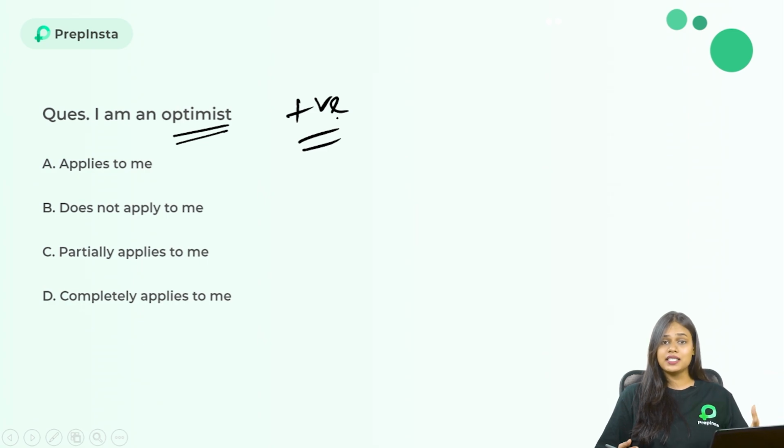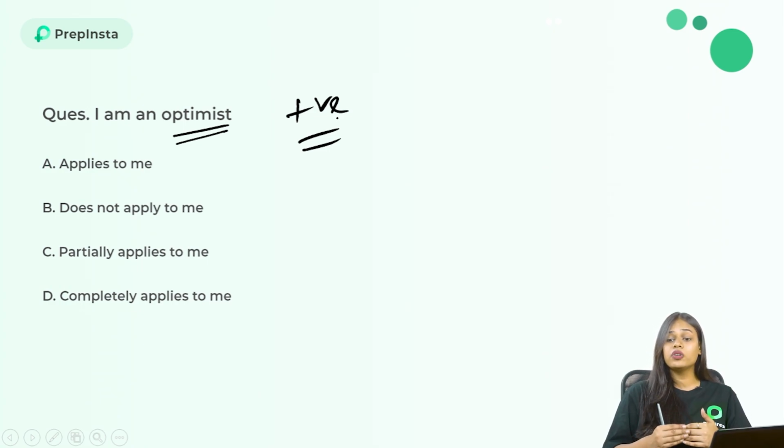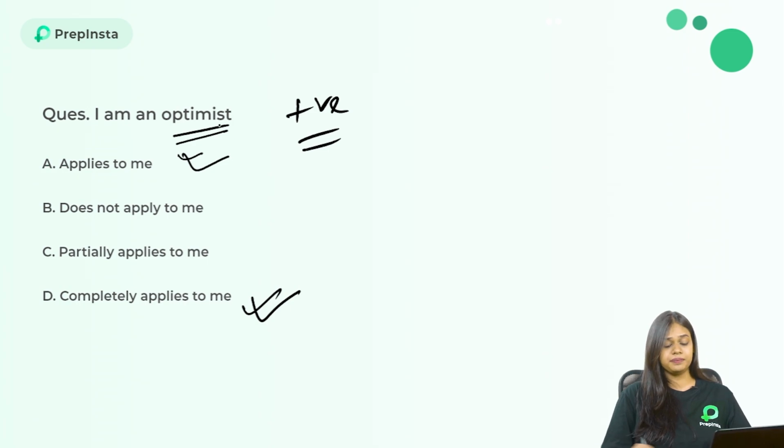If you think only about the negatives that are coming your way, you are not going to have an efficient result. You should think about the negatives, but also about the positive that comes out of the negative consequences. Being an optimistic person in a corporate environment is most important, and you should go with completely applies to me or applies to me.